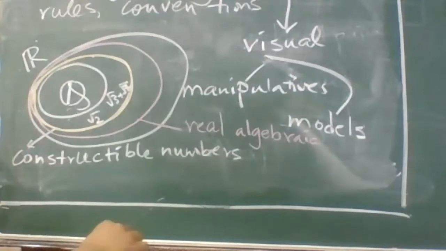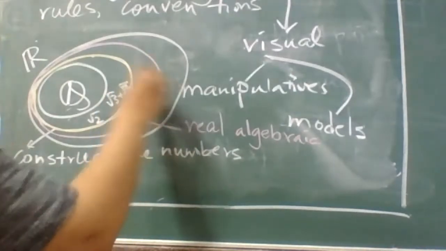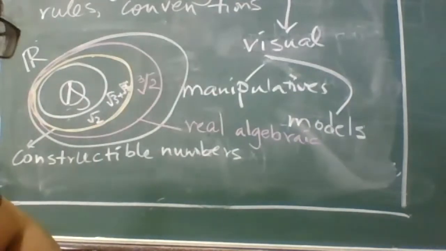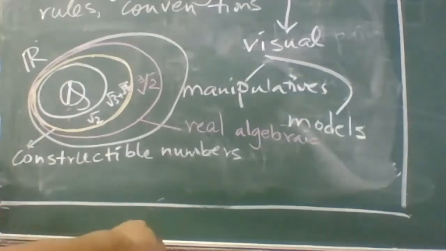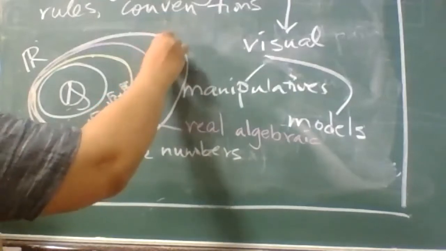So cube root of 2 will come here. Now our friend pi is beyond this. So pi sits outside here.